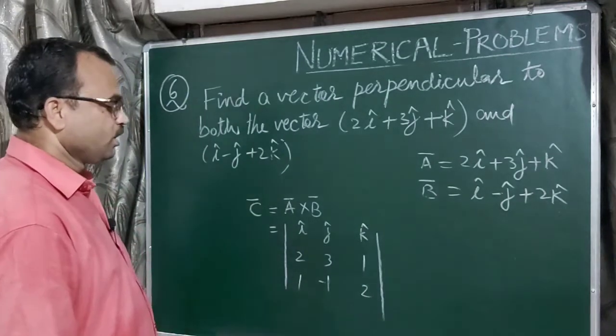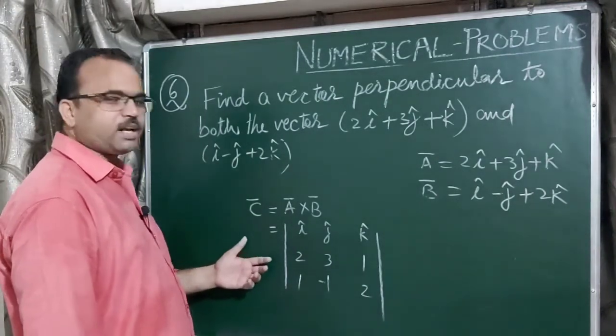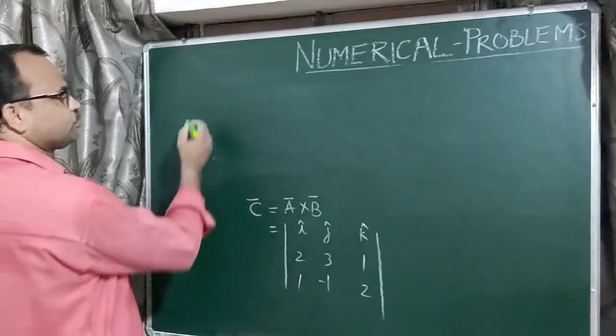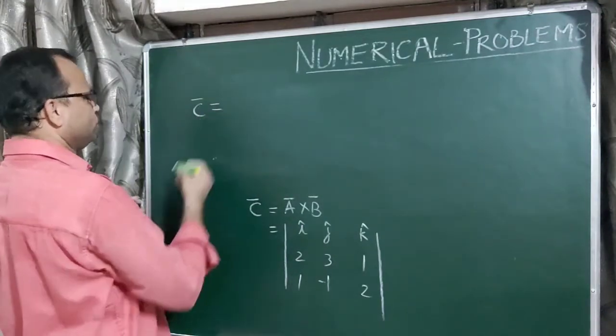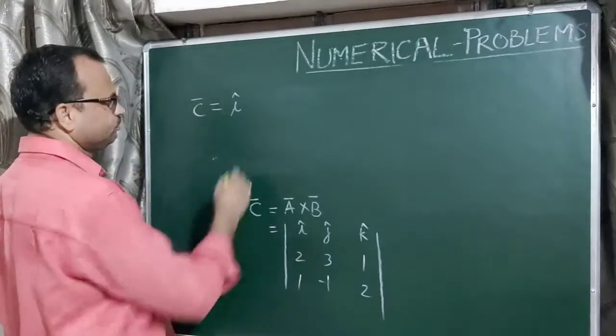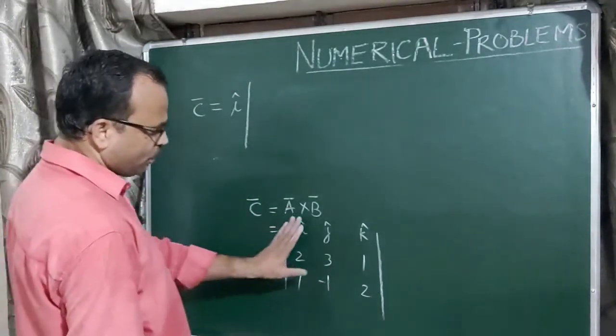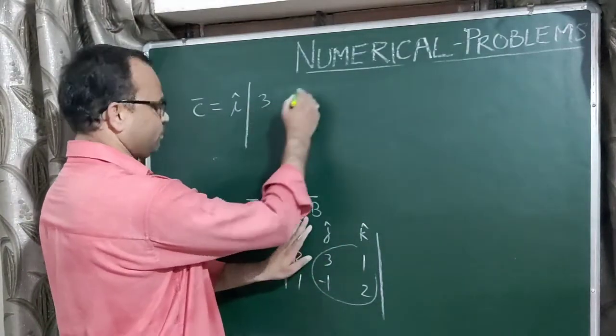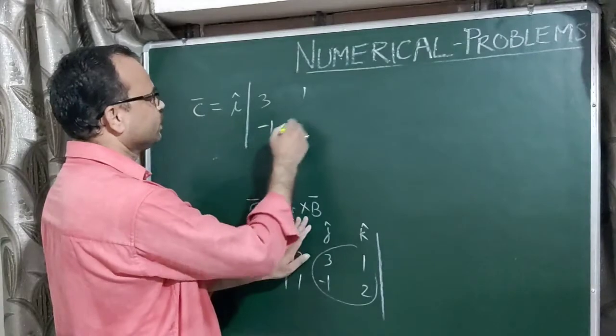Okay, now this matrix is split into 3 smaller matrices, right? C vector is equal to I cap. Now hide the I, then we write 3, 1, minus 1, 2.